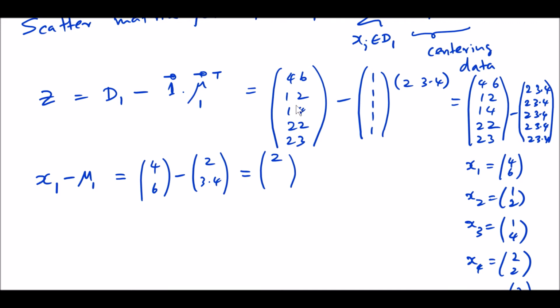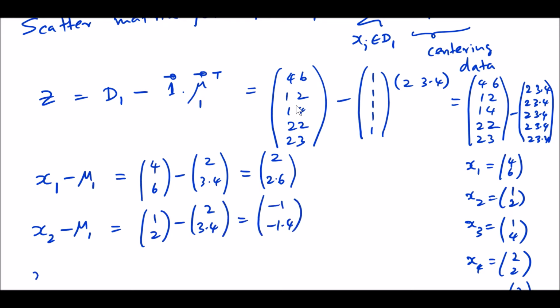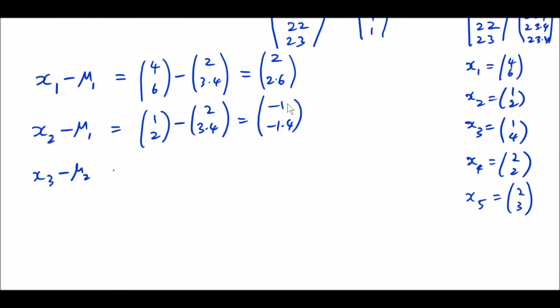Similarly for x2 minus mu1, which is 1 2 minus 2 3.4, we get minus 1, minus 1.4. Then x3 minus mu1 is 1 4 minus 2 3.4. Always we are taking away mu1, for the centering of data set 1.